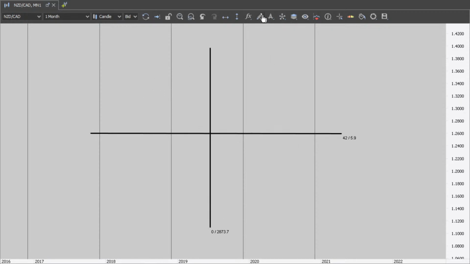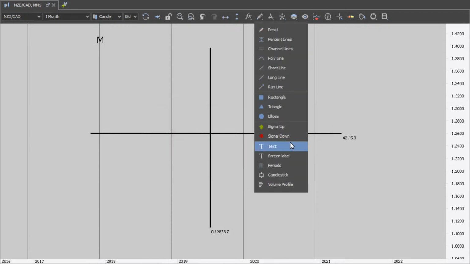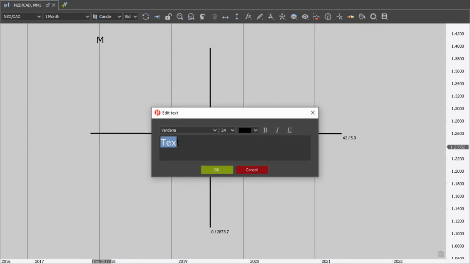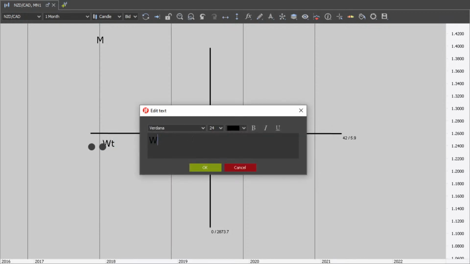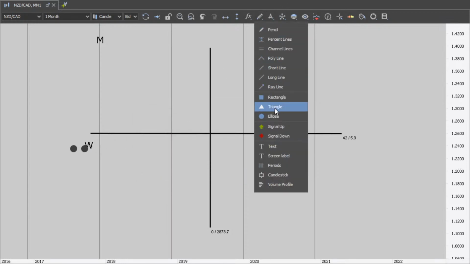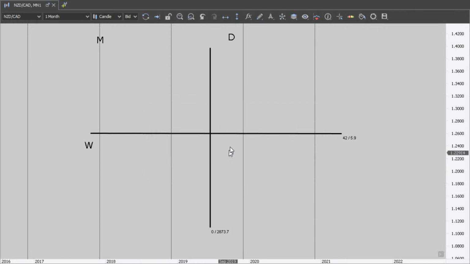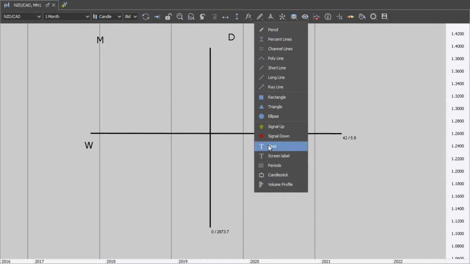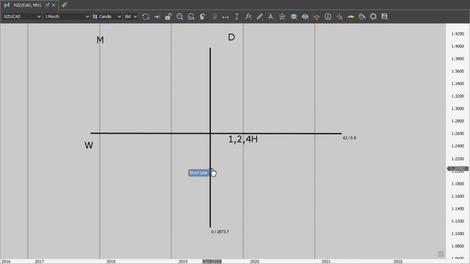From the monthly standpoint, this is going to be the monthly chart, left up corner. This is going to be the weekly chart. Whoops, edit label. Left down corner, weekly. Right up corner is going to be the daily. And of course, as usual, 1, 2 hour, 4 hour chart is going to be right down corner.